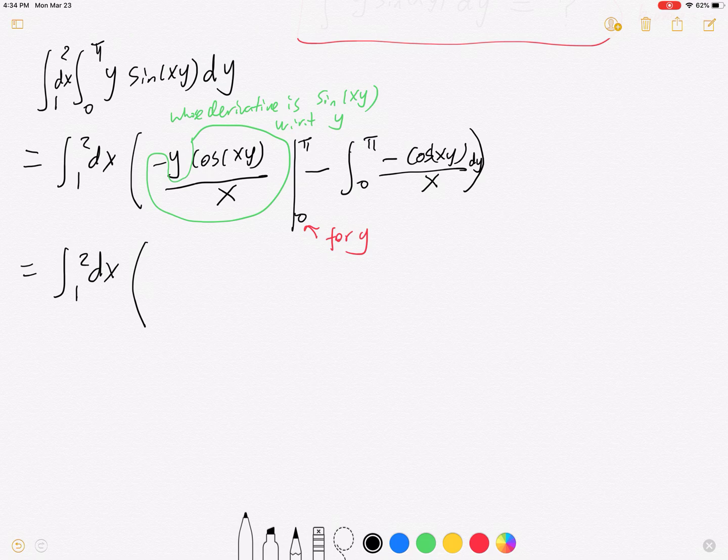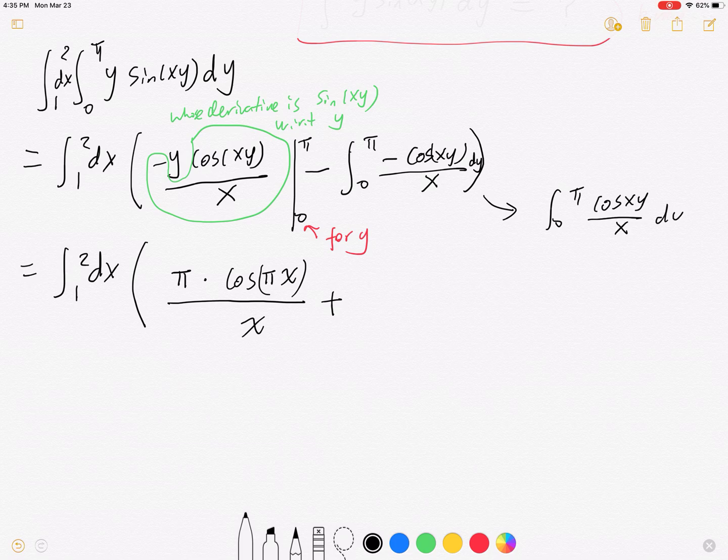When you plug in y equals pi, you have pi times cosine pi x divided by x. And then the next part you have plus, so you integrate this, and you have sine xy divided by x squared, from 0 to pi.